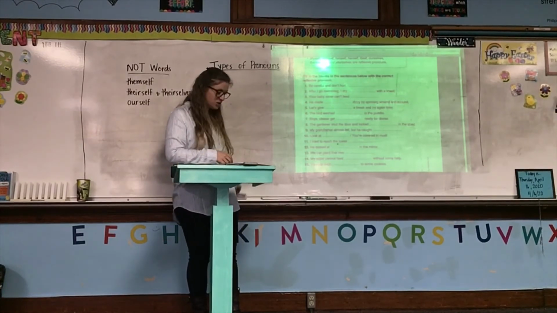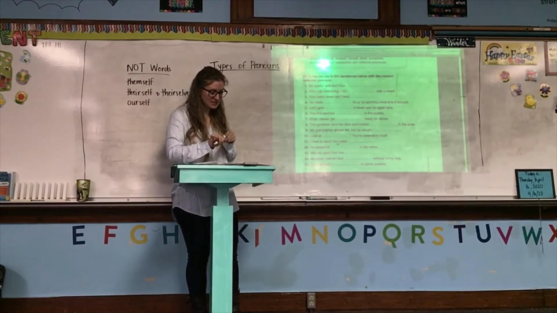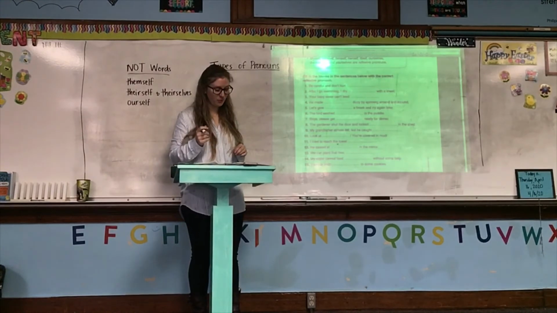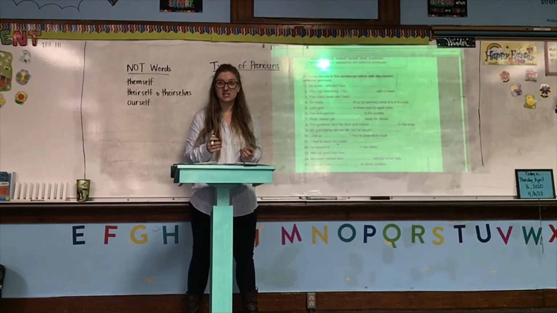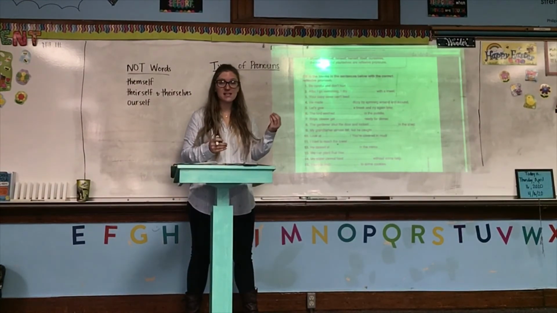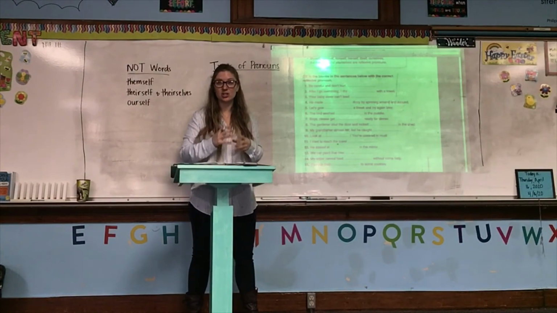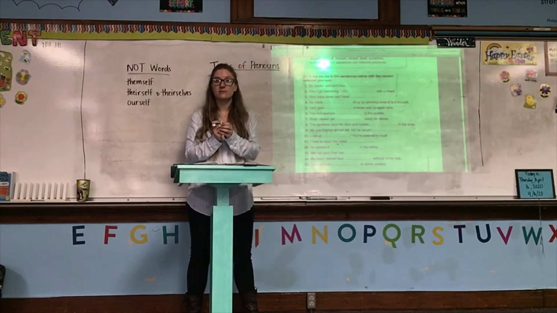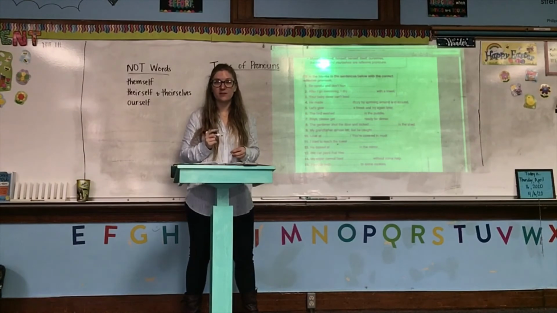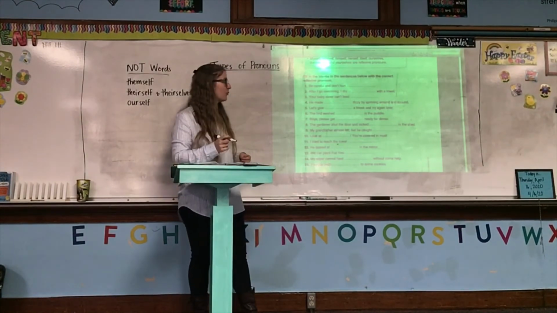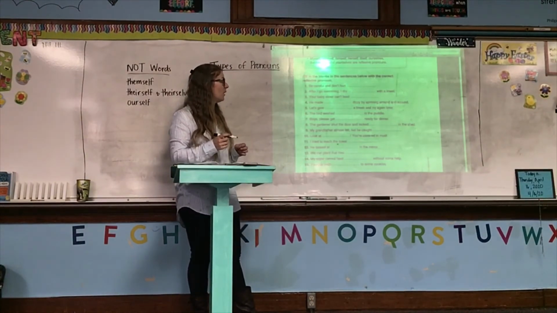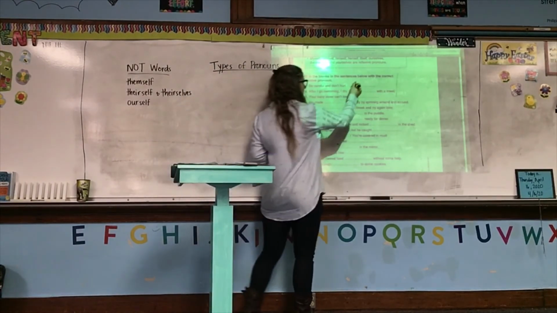So what we're going to do is fill in the blanks in the sentences below with the correct reflexive pronoun. That means we need to figure out what the subject is, because the subject is going to be doing the action to itself. So that's how we are going to figure out which reflexive pronoun to use. So number 1, be careful and don't hurt yourself.